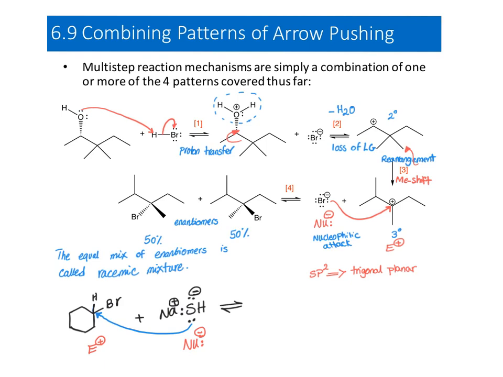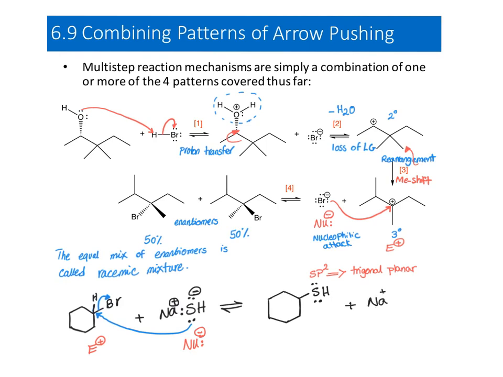Therefore, after the nucleophile attacks, this bond breaks and the electrons move over to the bromine. So we are going to have this structure. Basically we are combining the nucleophilic attack and loss of the leaving group at the same time.